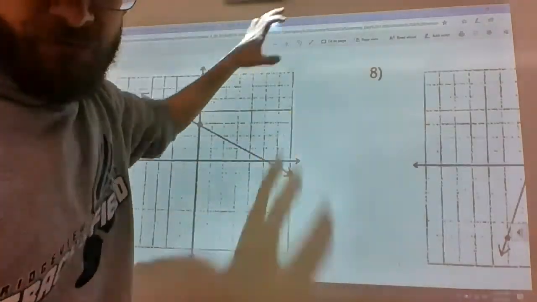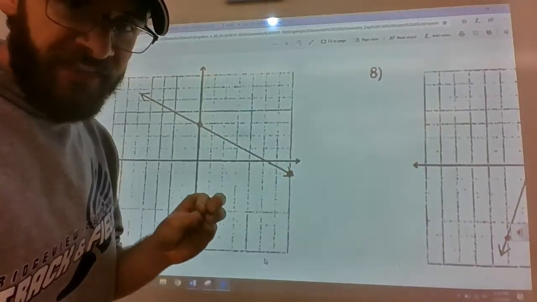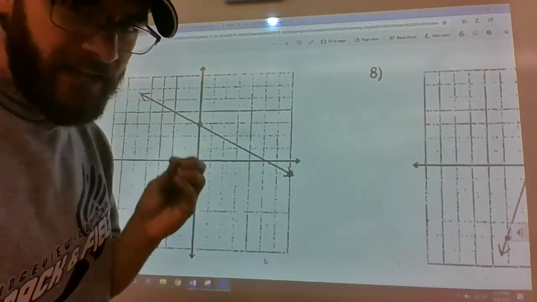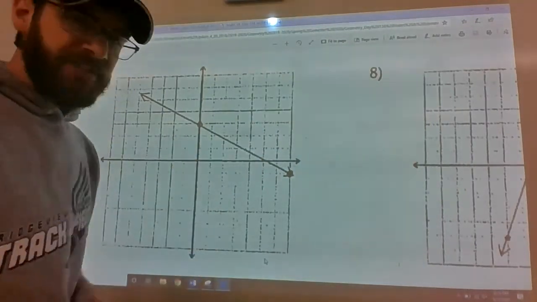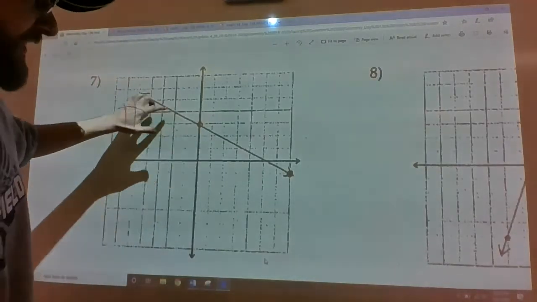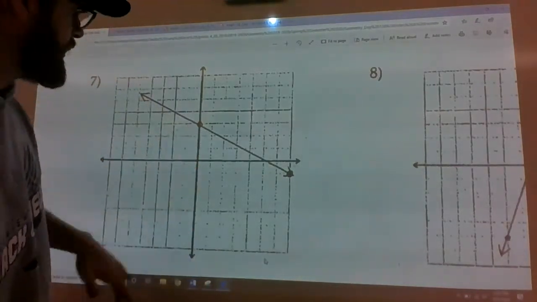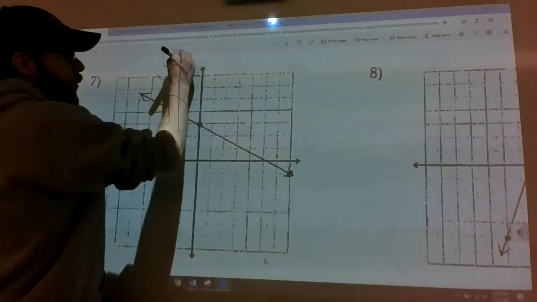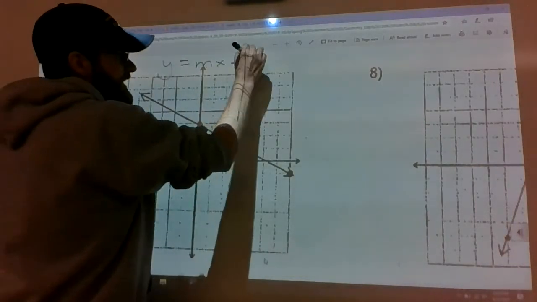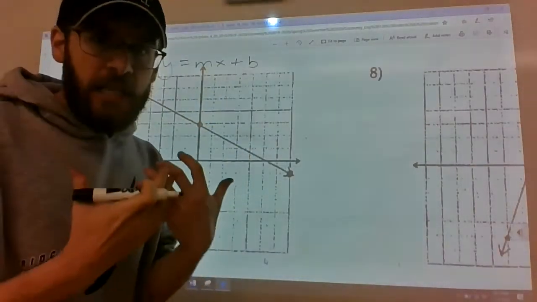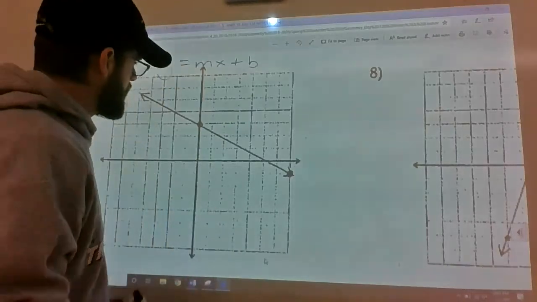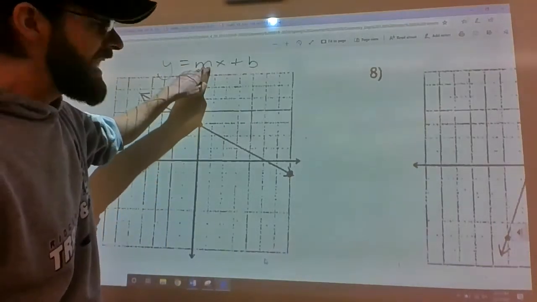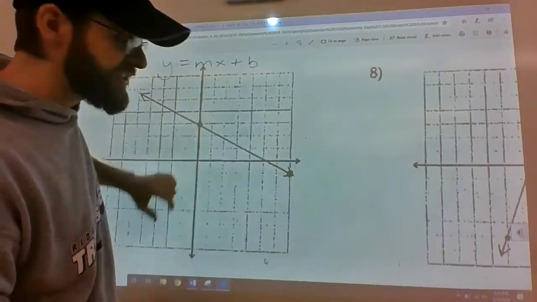The instruction above read, write the equation of this line in slope-intercept form. So they're basically saying, given the fact that this line is plotted out for you, and we know that y equals mx plus b is the template for any linear equation, can you fill in for the m and the b based on the line you're given?